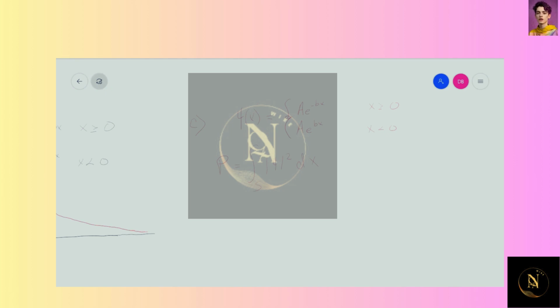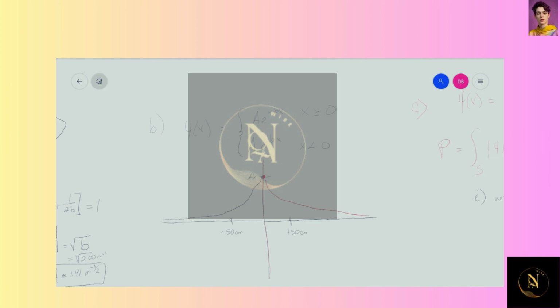For this particular question, the first part requires us to find the probability within 50 centimeters of the origin. So if we were to look back at the graph, 50 centimeters within the origin is going to be symmetric. We can imagine that will be something like this, negative 50 centimeters and positive 50 centimeters.